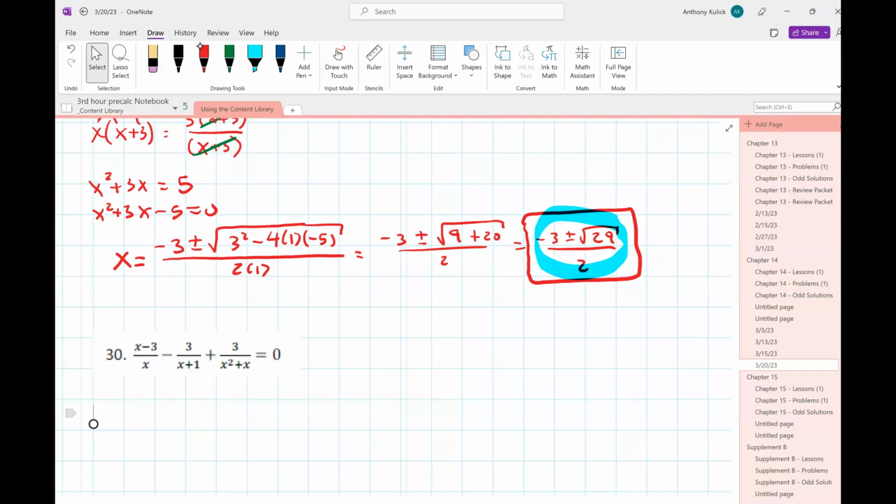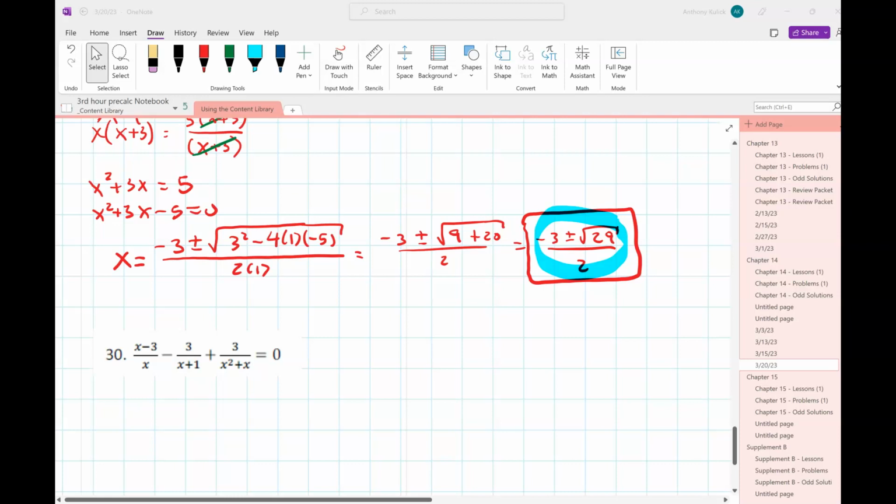So you multiply... wait, are we doing x and x plus 1? Then x plus 3. No, it's fine.